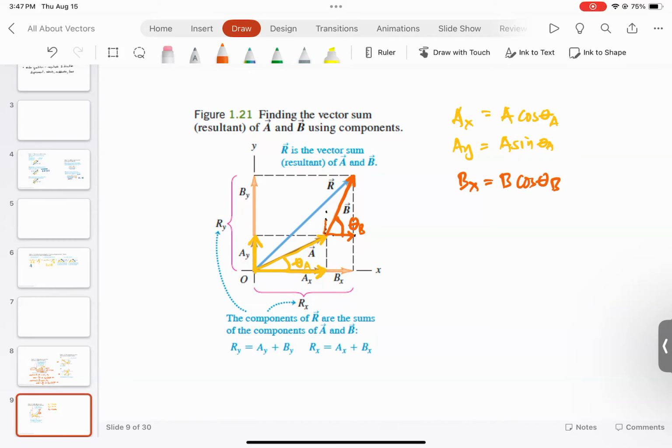And then yung component ng B along the y-axis ay B sine theta B.